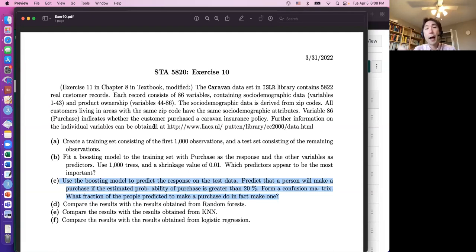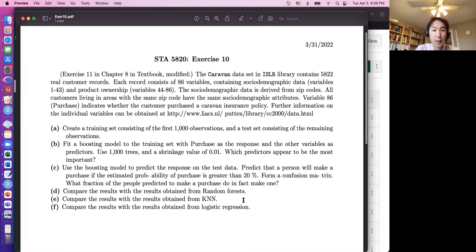We just want to identify the group which is more likely to buy than other customers, even though the chance is not more than 50%. So we set the threshold at 20%. Then we see if this prediction makes sense or not, and hopefully we compare the result with random forest, KNN, and logistic regression. So that is the question.